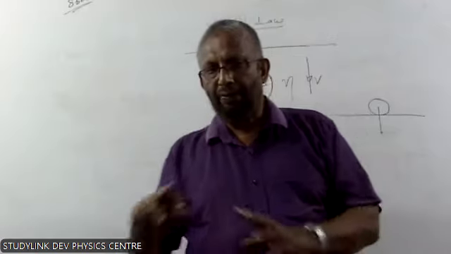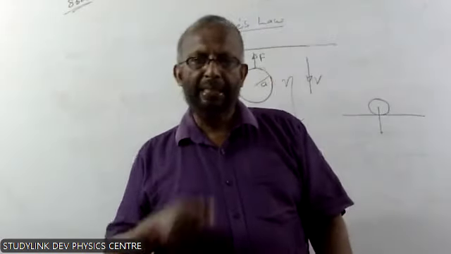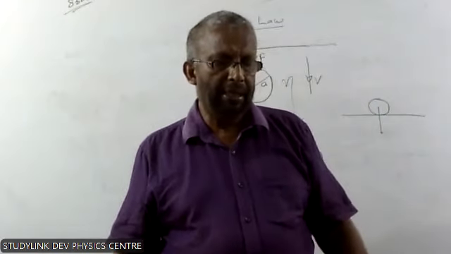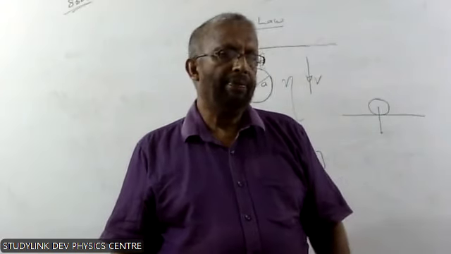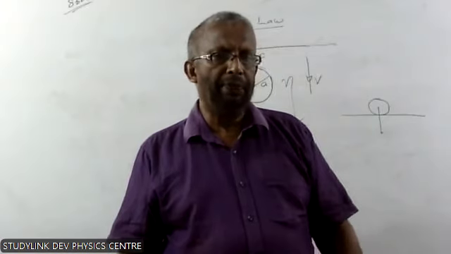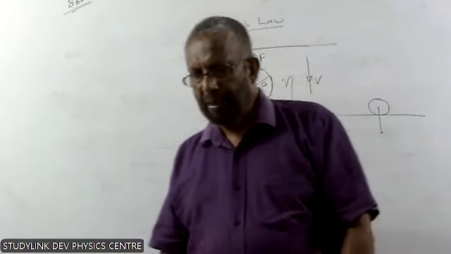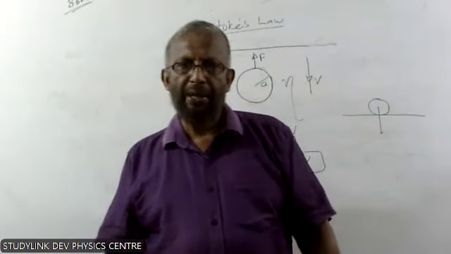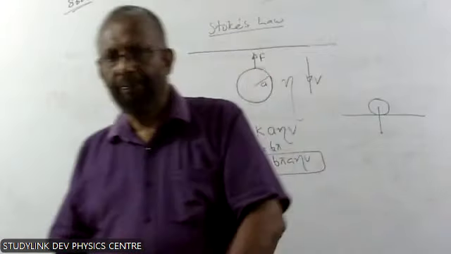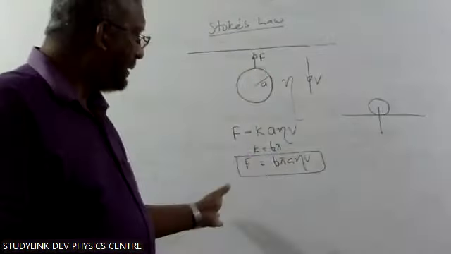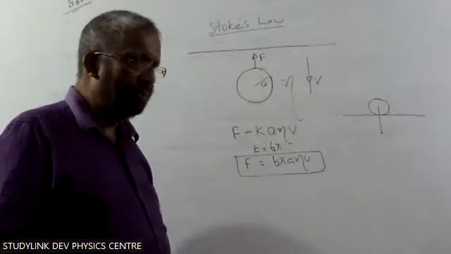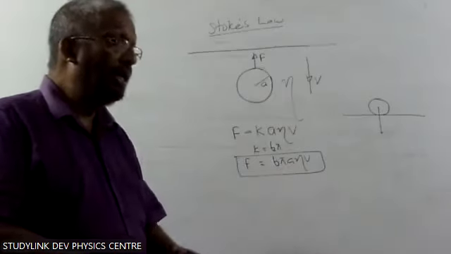The reason is when it is a hollow one, it is the external radius, not the internal radius. External, close the bracket, and its velocity and coefficient of viscosity of the viscous medium. Or you can say traveling medium. That's the three ways. The last one is better. Even they accept when you write the equation. Remember this is 6 pi A eta V.